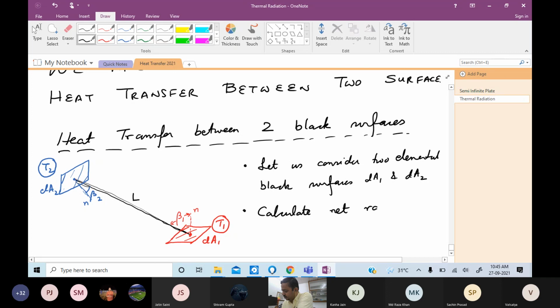Both of them will radiate, and part of the radiation emitted by both will reach the other surface. When it reaches the other surface, because it's black, it is going to be absorbed. So both surfaces will absorb radiation and both will emit radiation, from each other and to each other. So what is the net? Who is receiving more and who is emitting more? That we have to calculate. Of course, that's going to depend on T1 and T2. So calculate the net radiation heat exchange.